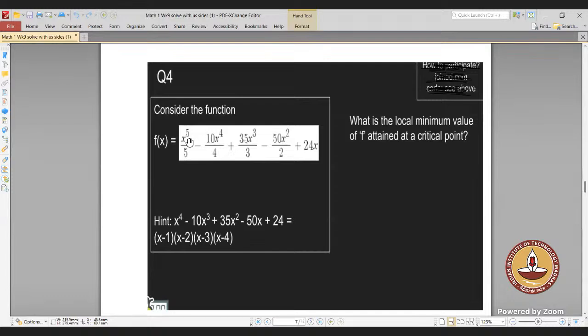Yeah. So as x tends to minus infinity, what will happen? It is an odd degree function, so it will go to minus infinity. That will be the minimum value. So the global minimum will be minus infinity.